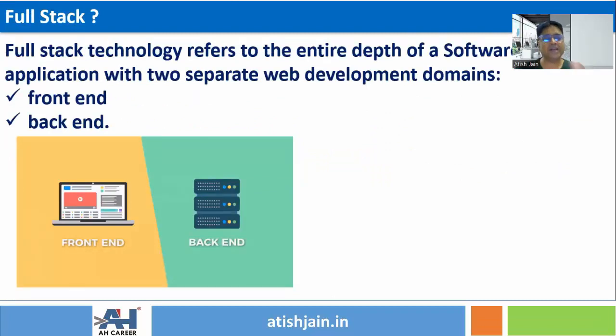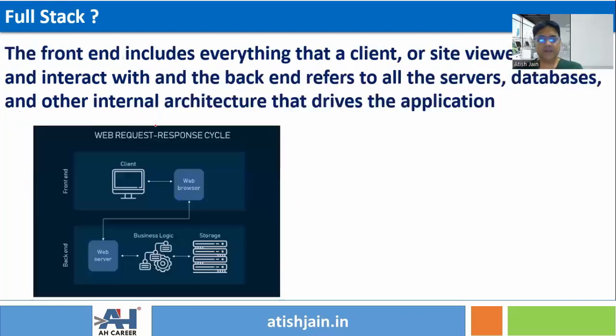And when it comes to full stack technology, a full stack technology refers to the entire depth of a software development application with 2 separate web development domains. We call it front end and back end. Is it clear? And this back end includes database automatically. So let's try to understand what is actually front end.